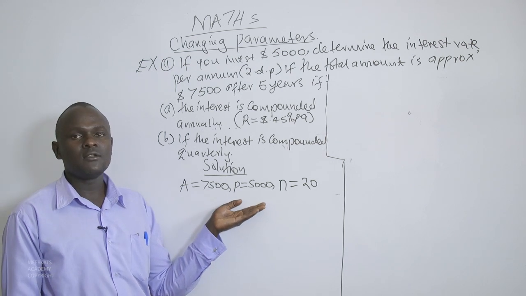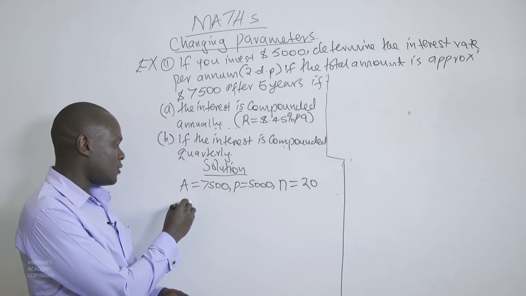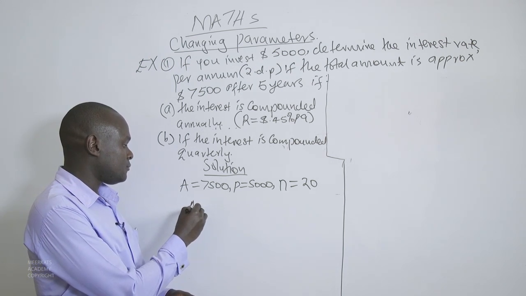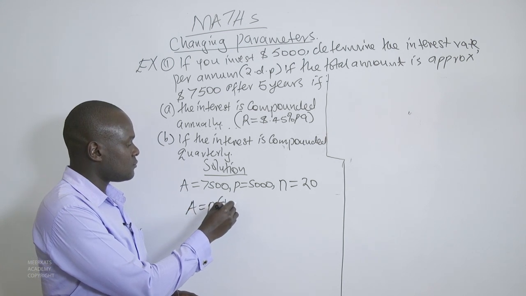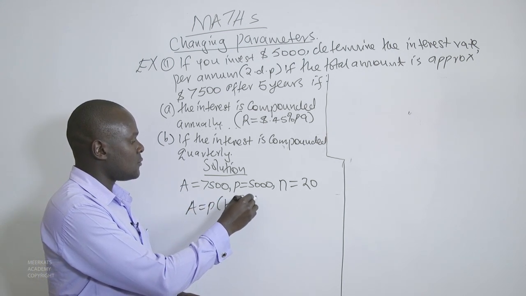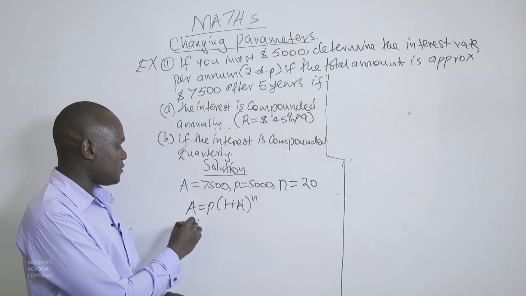So after listing the variables, we move on and write down the compound interest formula. Then we substitute in the values.